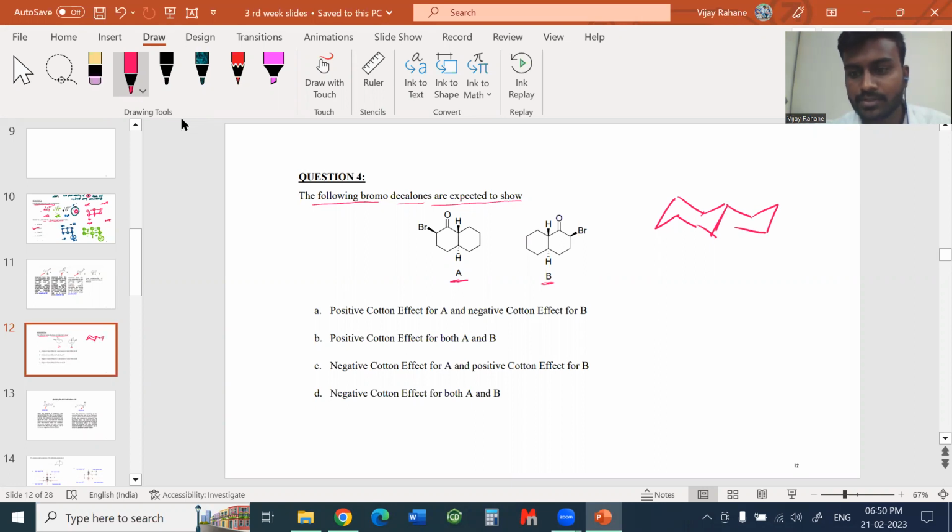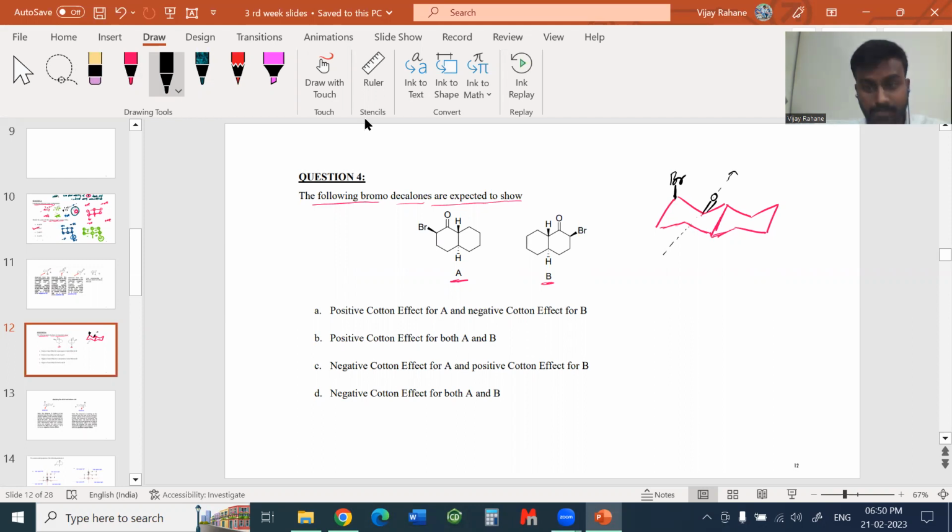Always make a habit to draw the chair perfectly. So here is the bromine atom, and here is the carbonyl group, right? So we can see from this side.